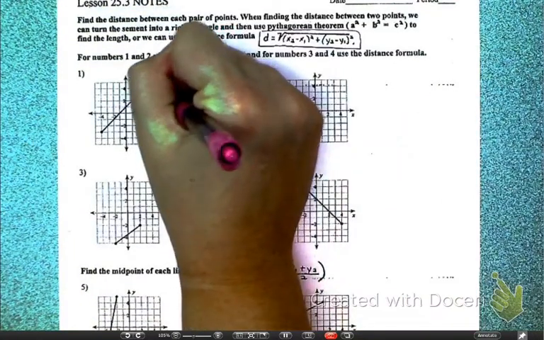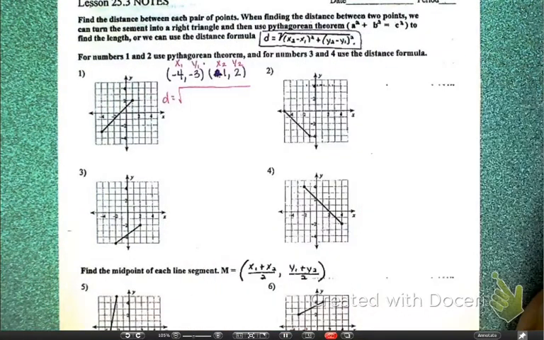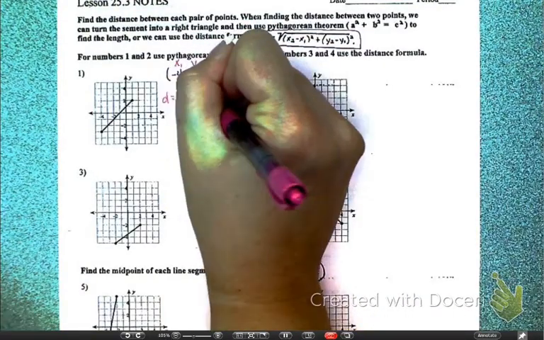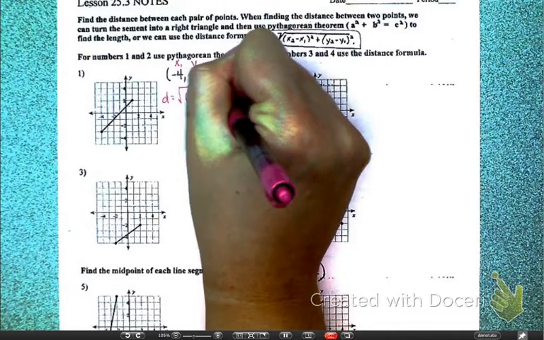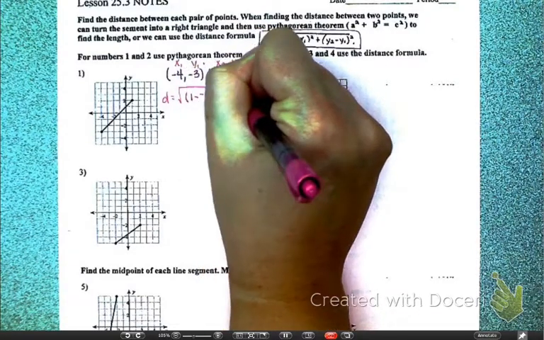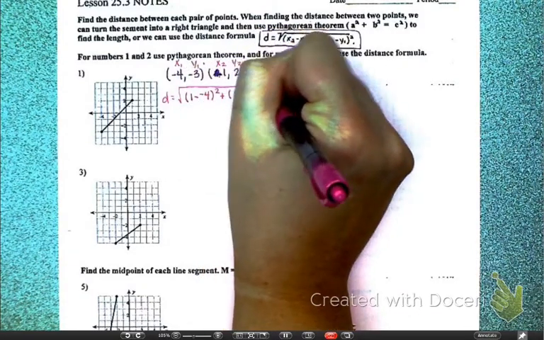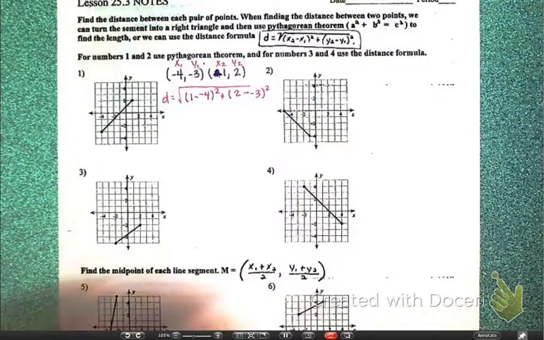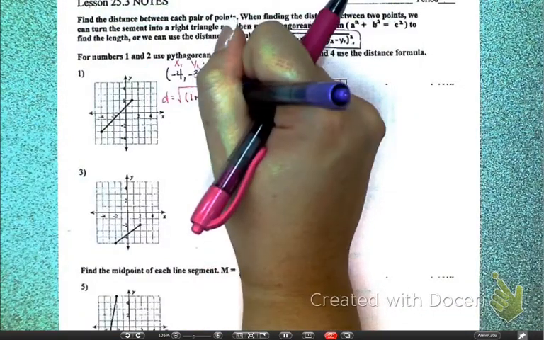So D equals the square root of 1 minus -4 squared plus 2 minus -3 squared. Those double negatives become positive.